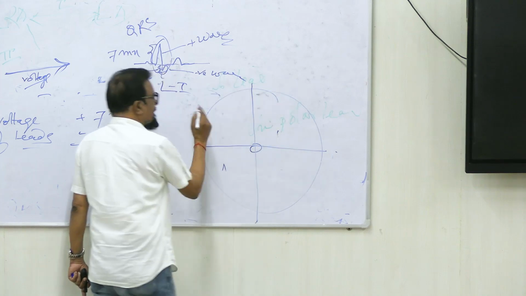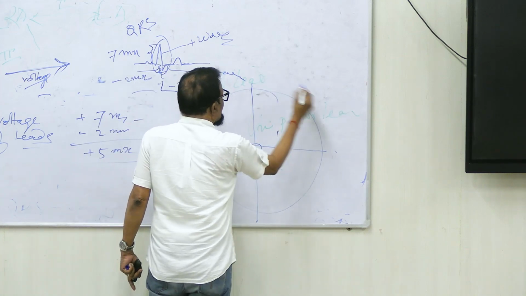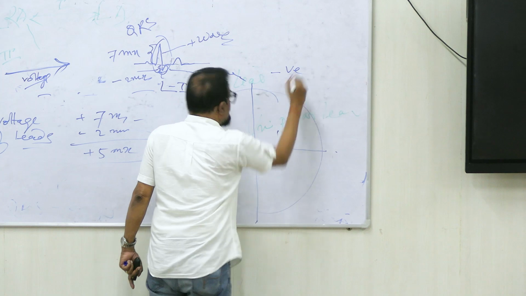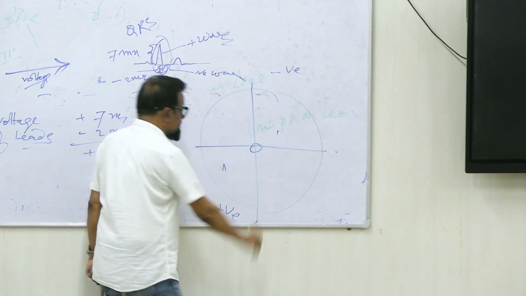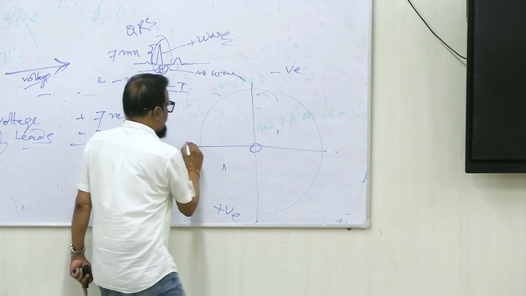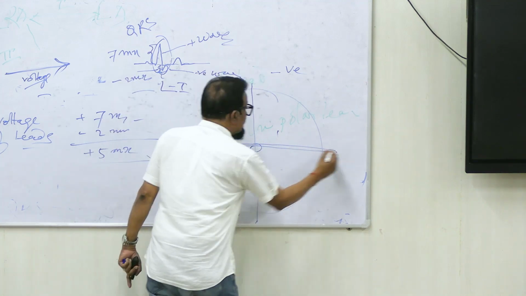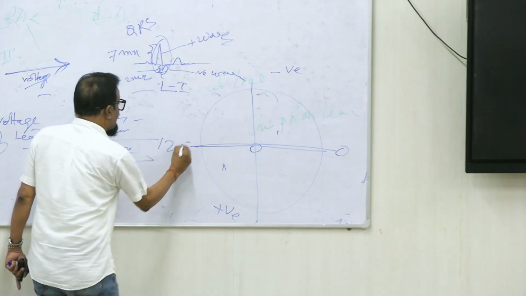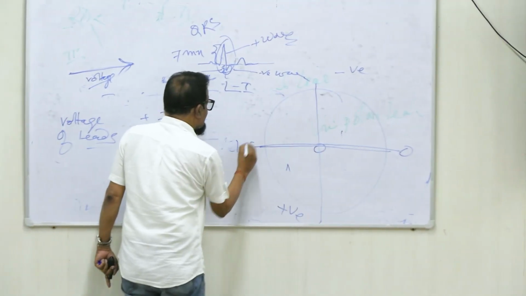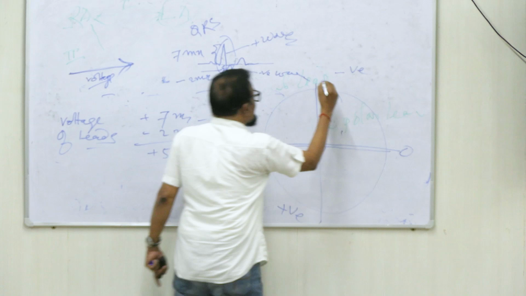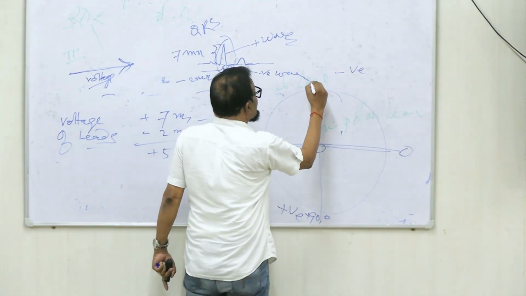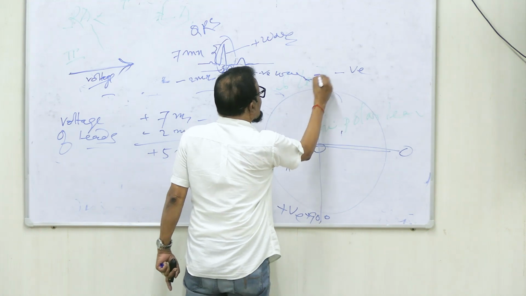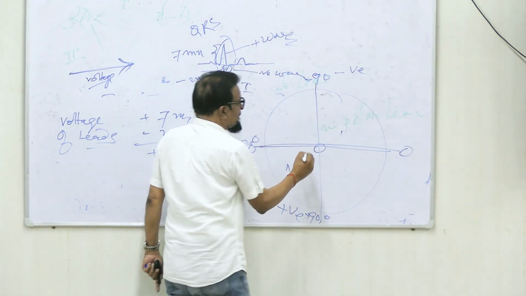The upper half of this circle is negative and the lower half of this circle is positive. 0 degree, 180 degree. This is 90 degree plus, and this is 90 degree minus.